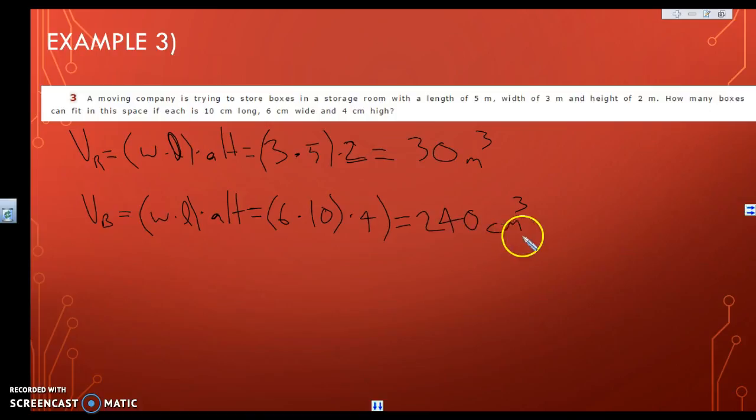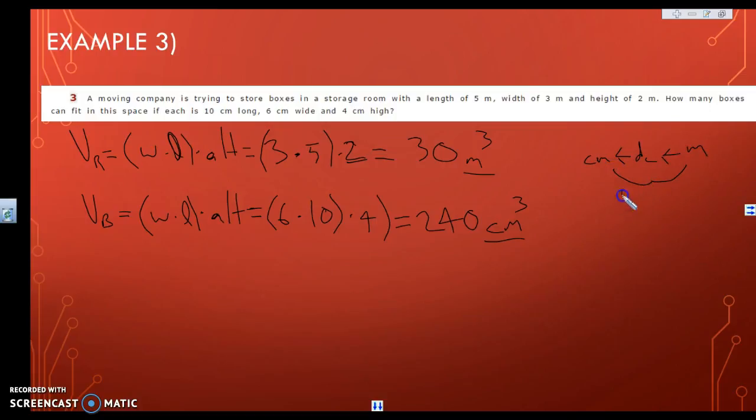But here's the thing. We have our boxes in centimeters, whereas our room is in meters. So we need to convert one of these to the same units. So recall that meters is our initial unit, then it goes down to, I believe, decimeters, then we go down to centimeters. So that's 2 decimal places back.